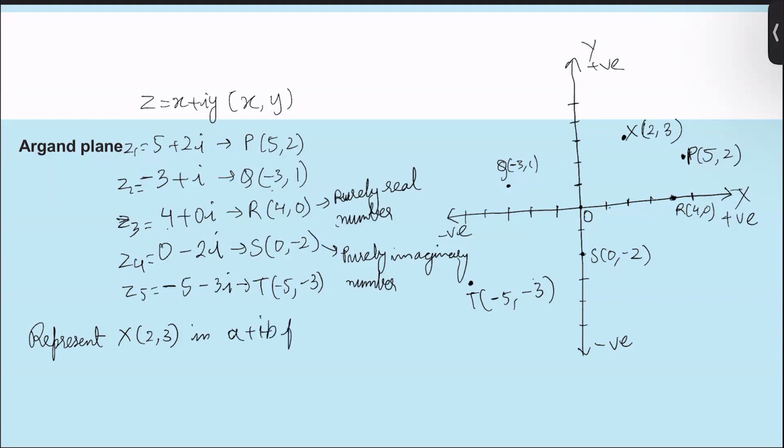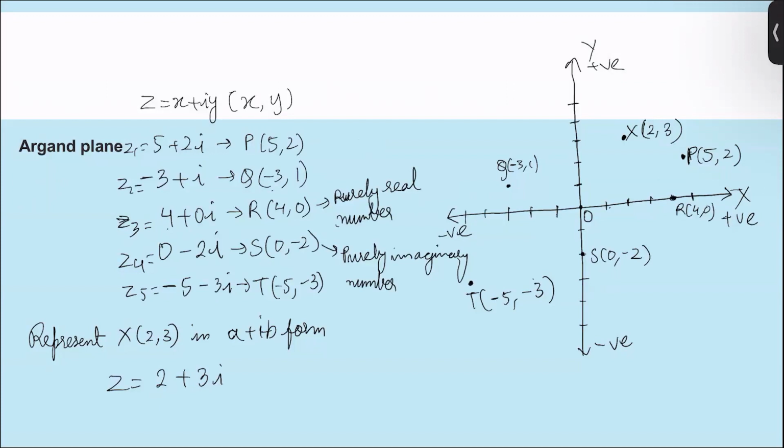So you can write this as 2 plus 3i. So this is your complex number. If you have a complex number, you can represent it geometrically on the Argand plane. And if there is a point on the Argand plane, you can represent it in terms of the complex number also. So this is where you can use the complex plane or Argand plane.